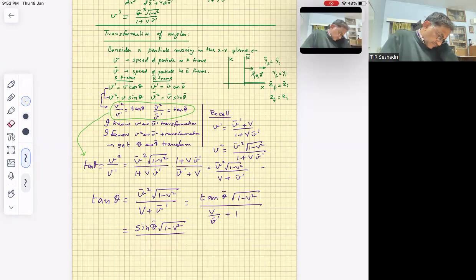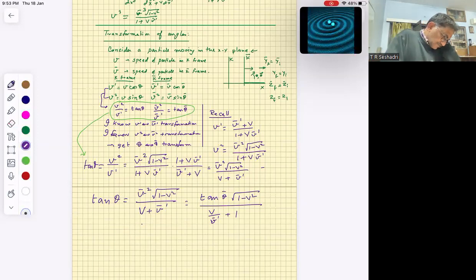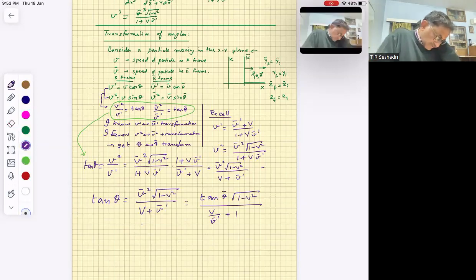No, wait a minute. Till here it is okay? Yeah. And now I will have sine theta bar square root of 1 minus V square by cos theta bar into V by V bar plus 1, right?